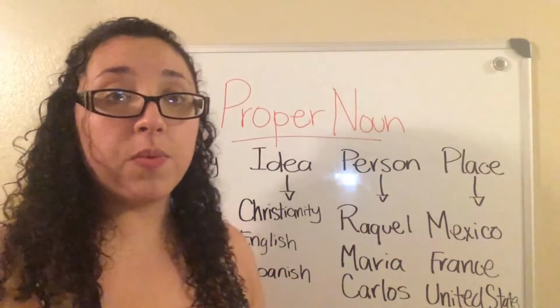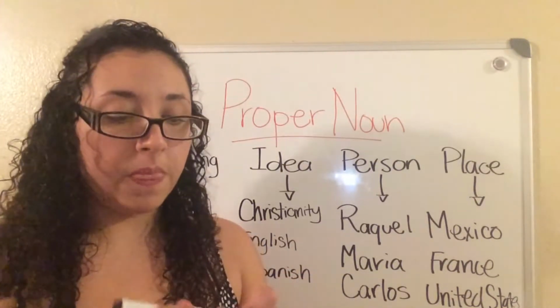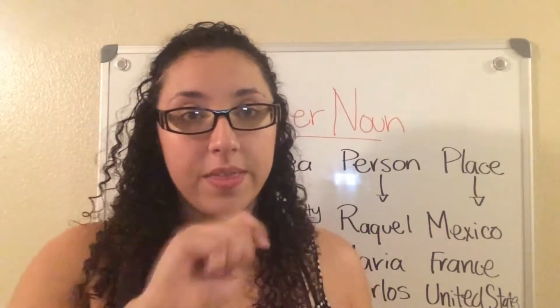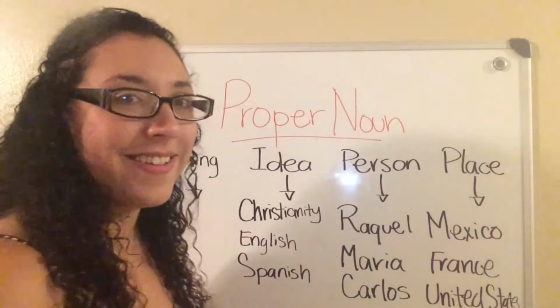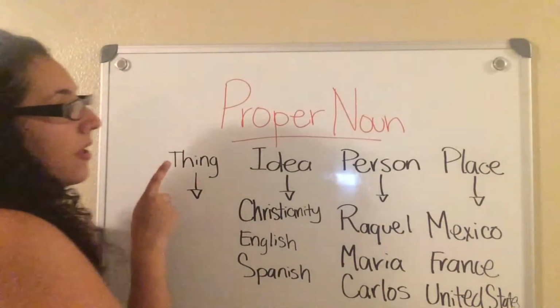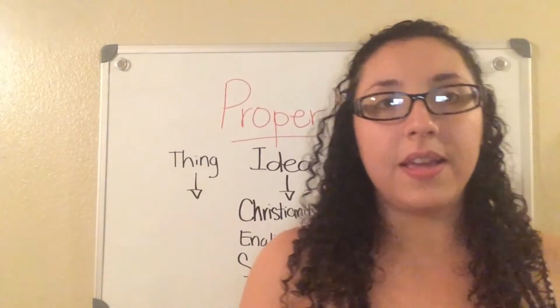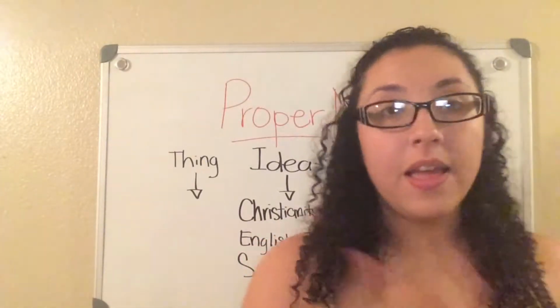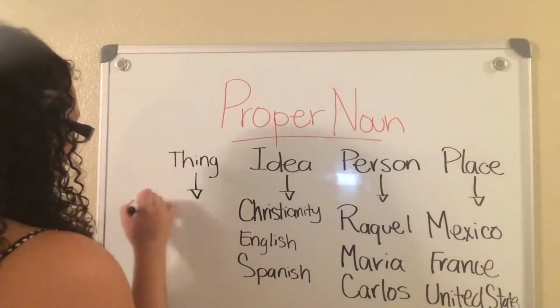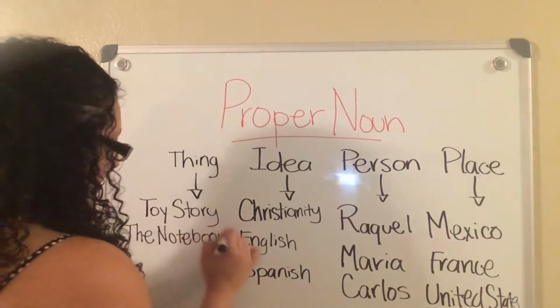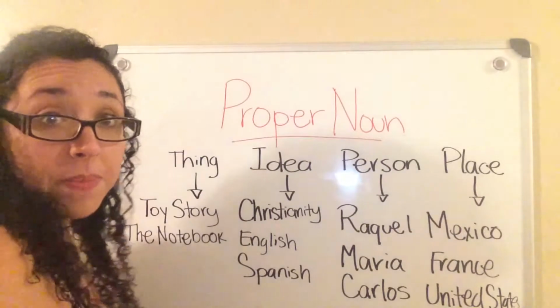It's an idea because we can't touch them, but we still write them with a capital letter at the beginning. And a thing, a proper noun for a thing, I would say a movie. Google, a website.